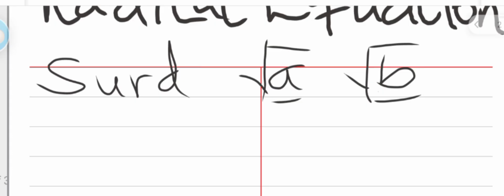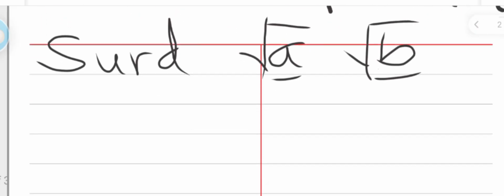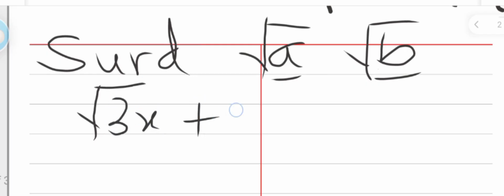Good. So what we mean by radical equations is that it's an equation which involves an unknown variable which is usually under the radical sign or the root sign. For example, you have a question like this where we have root 3x plus 2 being equal to 5.